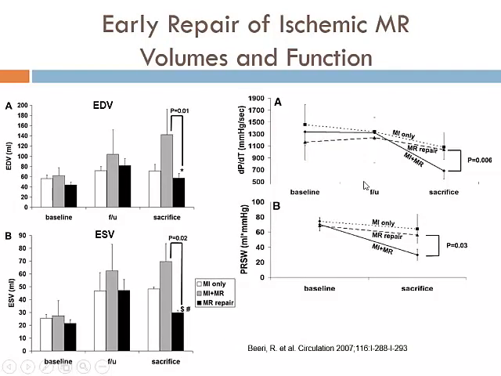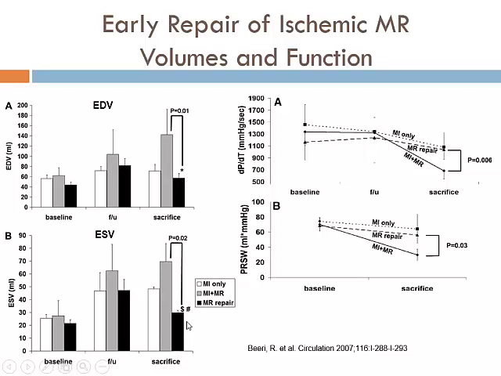Now, our current approach for treating those patients is repairing the mitral valve, and it was very easy to do in our model. We tied off the shunt, imitating mitral valve repair, and we saw that in those animals that had repair, reverse remodeling occurred, as you can see here in the black columns.